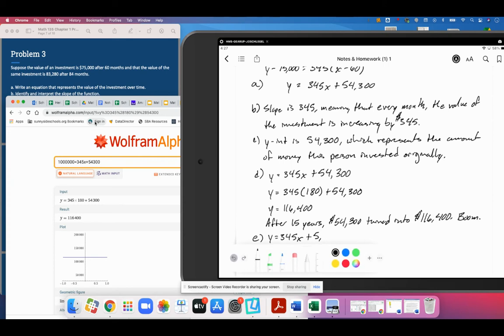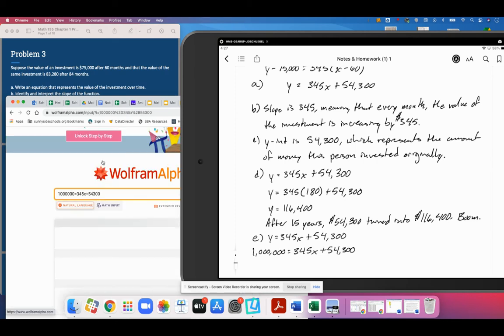We're wondering, under this model, how much time will it take $54,300 to turn into 1 million? And again, remember that this person is doing nothing. They just invested some money and walked away.